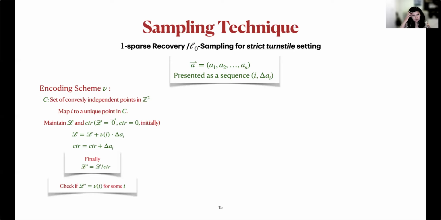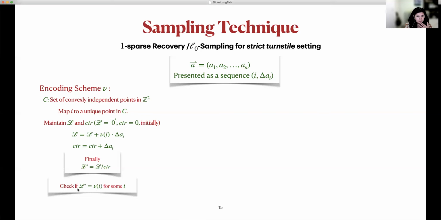Now, when the stream stops, we take L and CTR and divide L by CTR to get L prime. L prime is a convex combination of all the I's we have seen. Then we check if L prime maps to nu(I) for some I. Recall that our set C, from which each coordinate gets its encoding, is a set of convexly independent points.